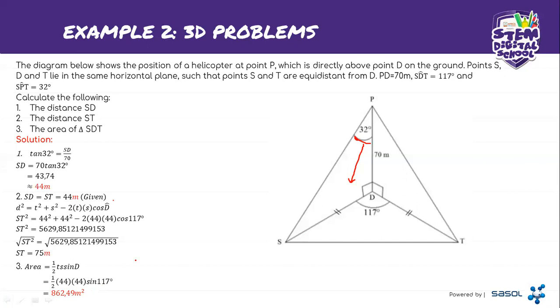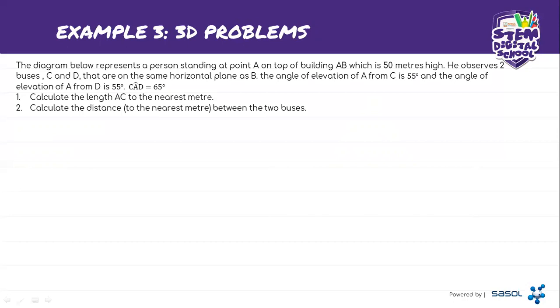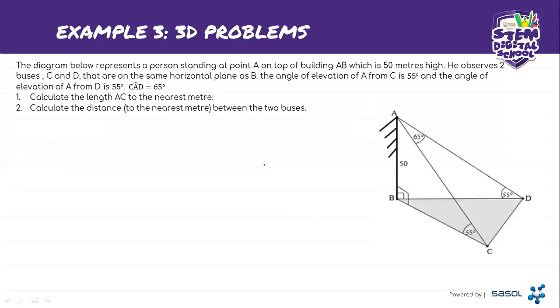Now let's continue and see what we have. Example 3. All right. Now let's see what we have from our scenario. It says the diagram below represents a person standing at point A. You can see point A up there on the top of the building AB, which is 50 meters high.